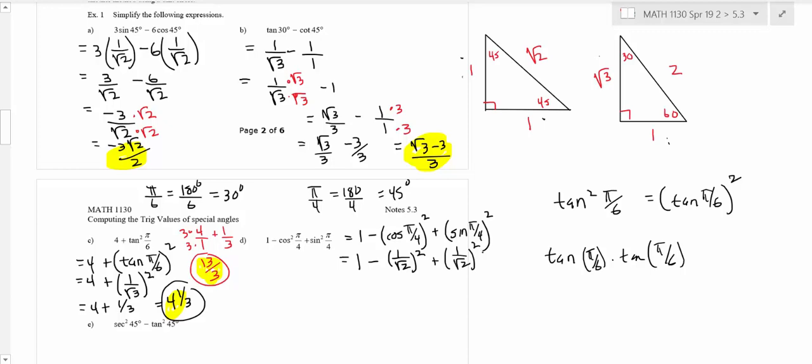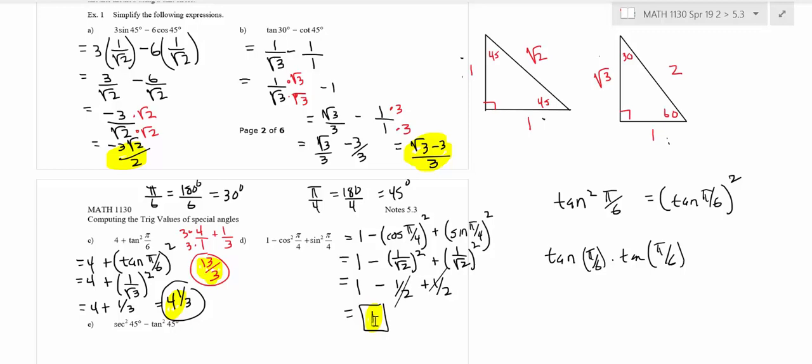So we end up getting 1 minus 1/2 plus 1/2. That cancels, of course, so the answer to that problem is 1. There's another way to do that problem that we'll learn a little bit later, where you could have just done this in your head and you would know it's 1.